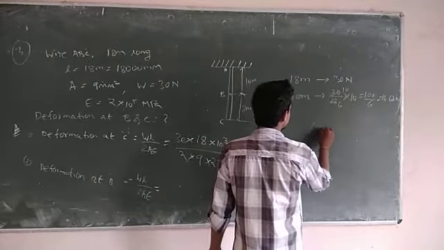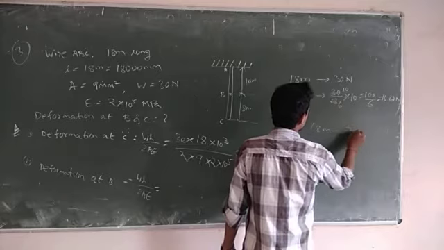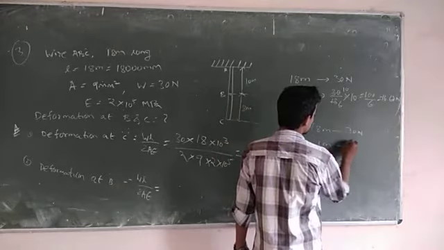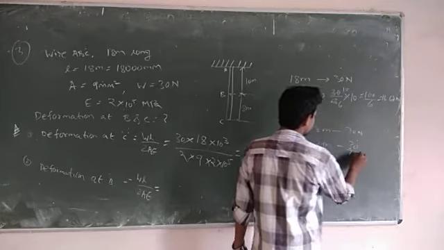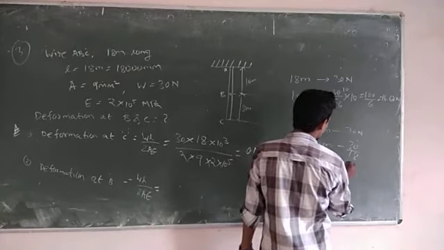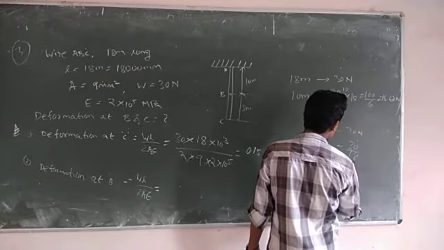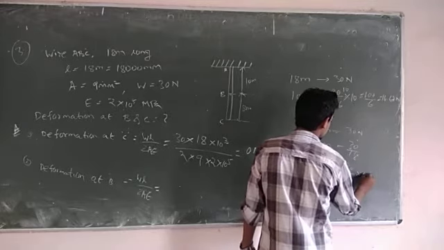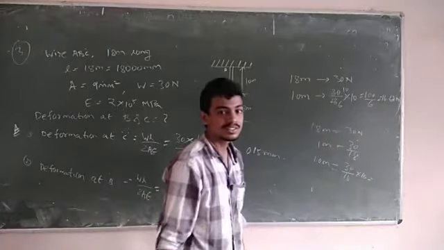Again I am repeating. When the length is 18 meter, the weight is 30 Newton. If it is 1 meter, then 30 by 18. If it is at B point, 10 meter, then 30 by 18 into 10. Just I solved normal arithmetic.